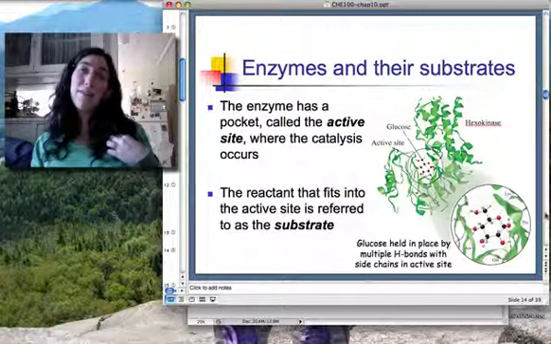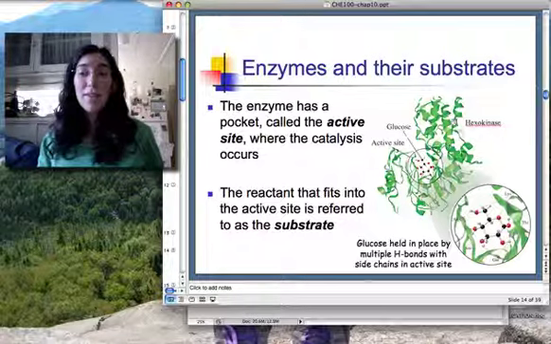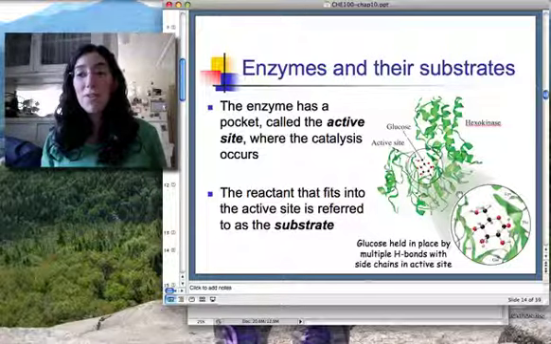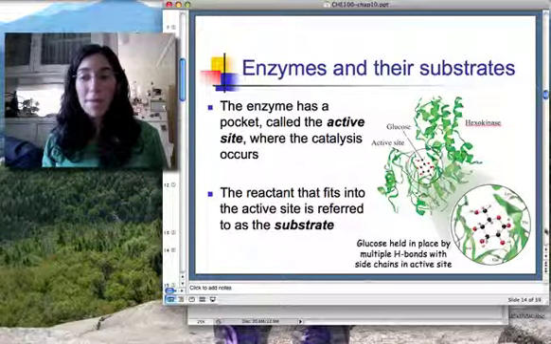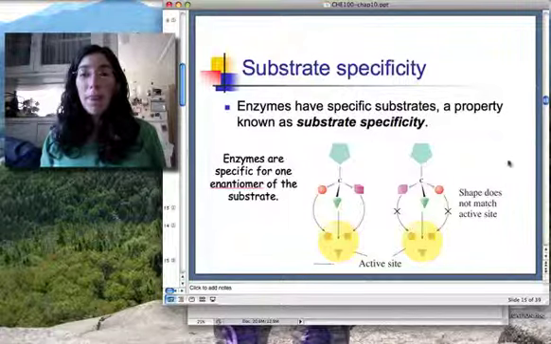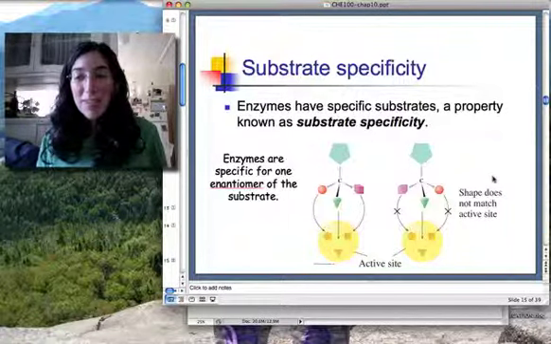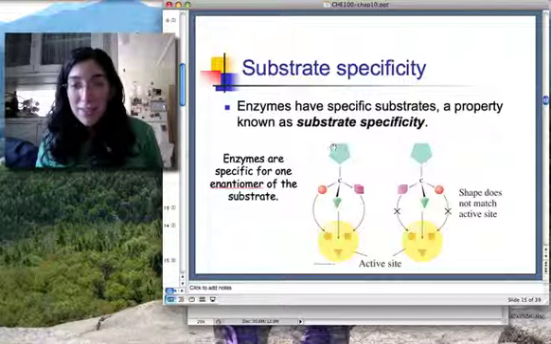D-glucose, because remember, enzymes are chiral specific. They only bind certain enantiomers. If this was L-glucose, it wouldn't fit properly. That's what I'm talking about on this slide, substrate specificity. So for example, let's say this is D-glucose.